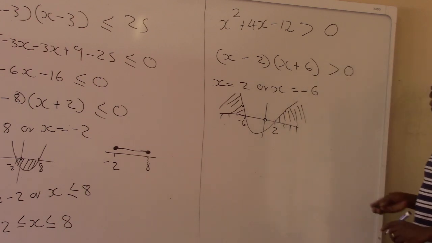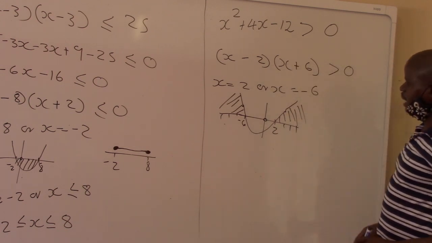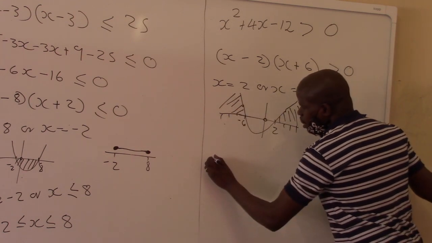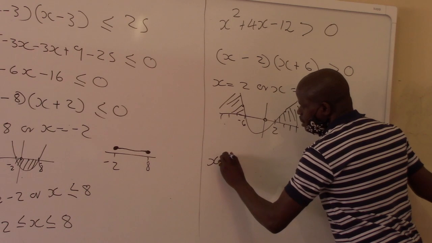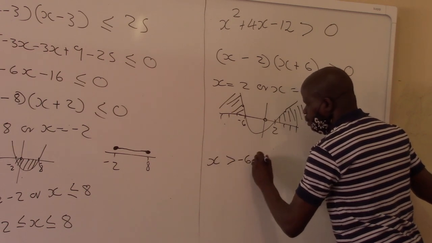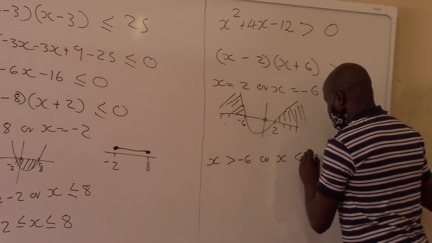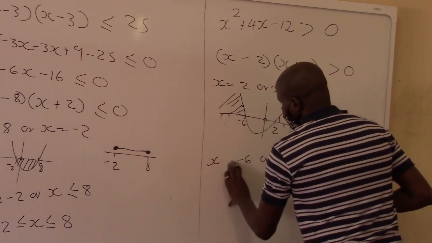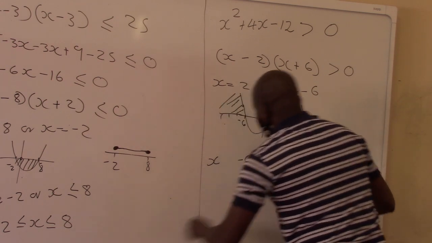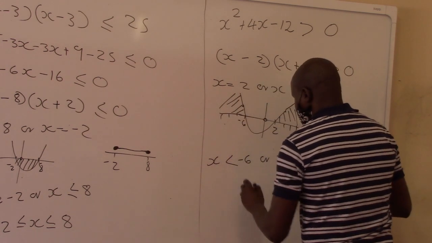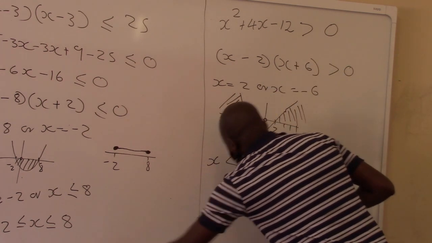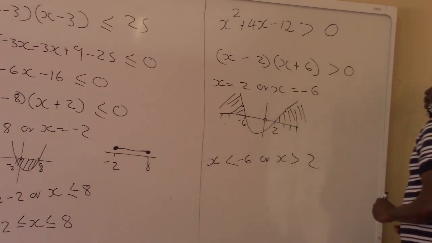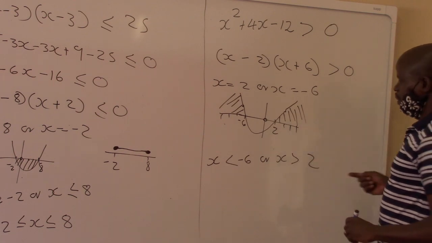So now, if it's like that, how do we write it? We will say any x which is greater than negative 6, or x which is less than... No. When we conclude in this one, because of the greater than there, it means anything that is less than negative 6 and anything that is greater than 2 are the ones that are going to give us what we want.